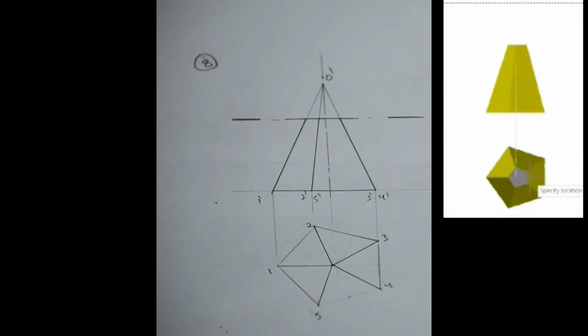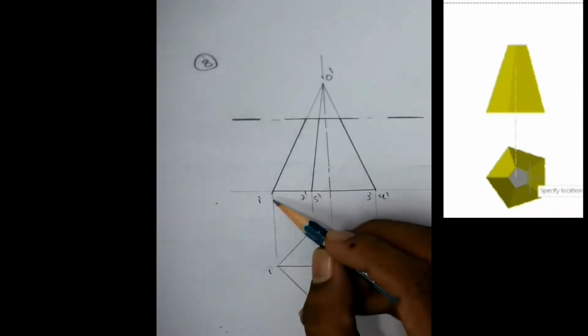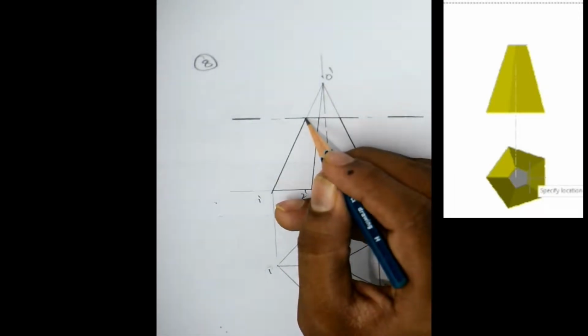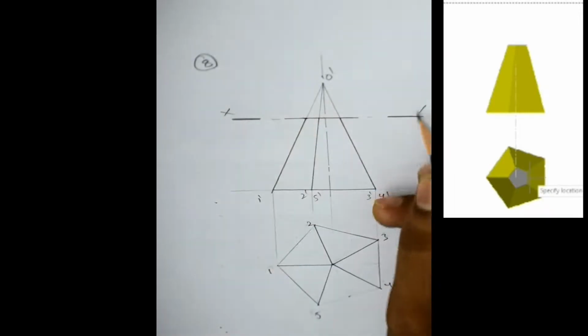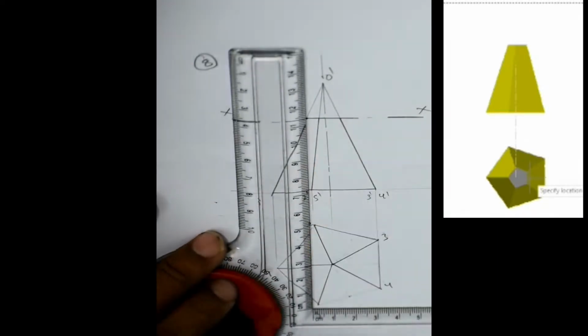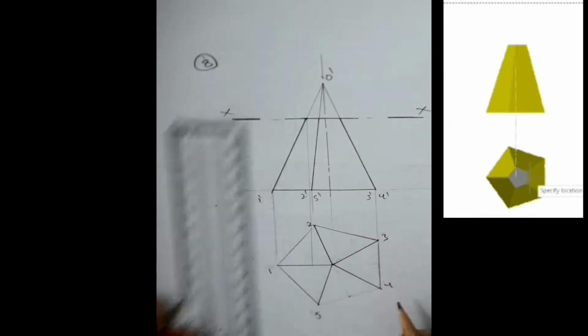So now see that this is line number 1, this is generator number 1. It is touching the section plane. This is the section plane at this point. So we need to project this point till the first line.